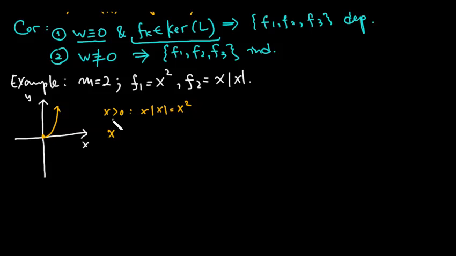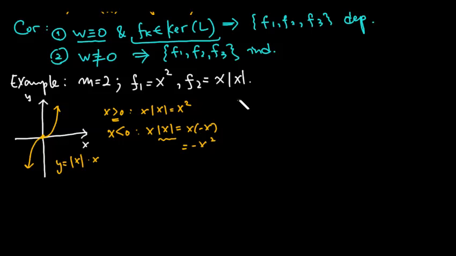But when x is less than 0, x times absolute value of x has to be negated, since x is negative, so it becomes negative x squared. So the other part is actually part of negative x squared. It looks a lot like y equals x cubed, but the curvature is just quadratic, so it's never actually the same. This is the graph of x times absolute value of x, and the graph of x squared is the usual parabola there.